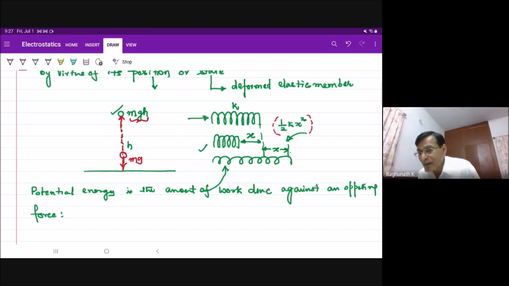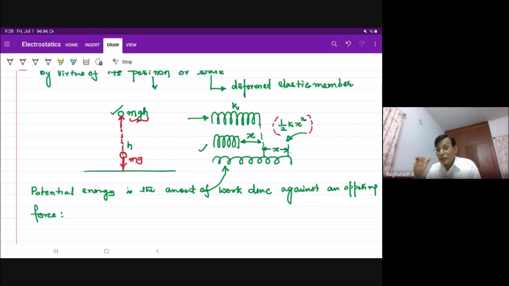Oh no, what is the specific name of it? It's an elastic member. When you try to deform it, it exerts a force against deformation. What is that force called? Restoring force.